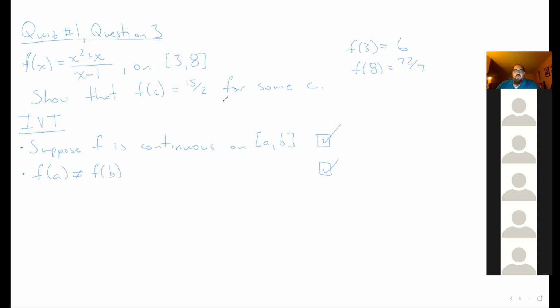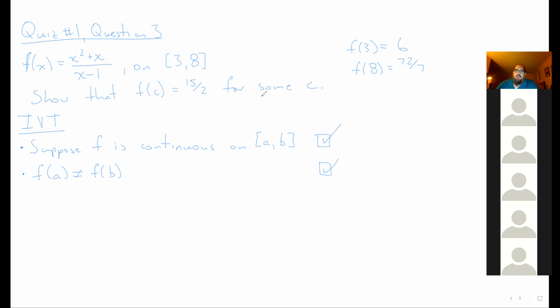I am trying to show that for some value c, f of c is equal to 15 halves. How do I know that has to be true? I don't know.